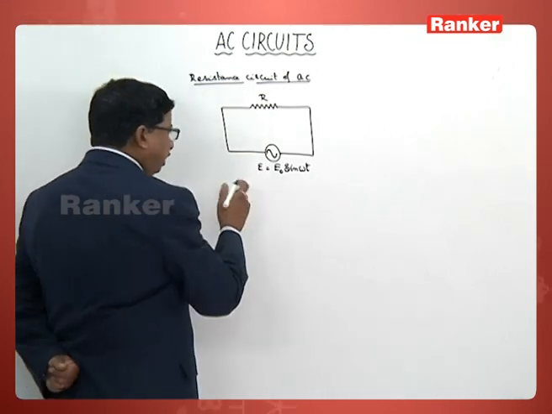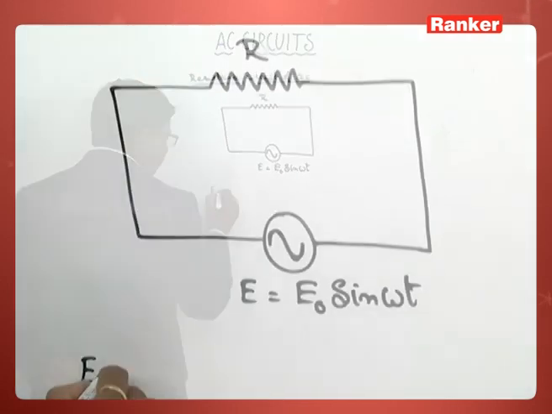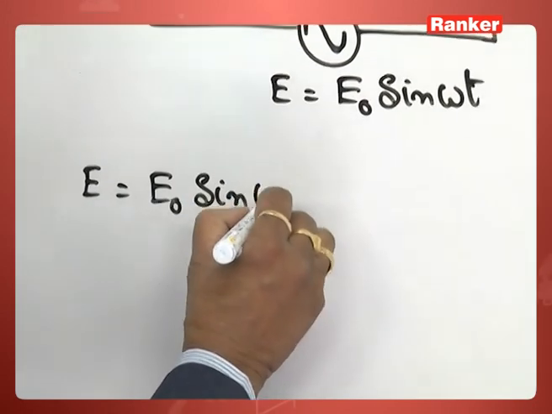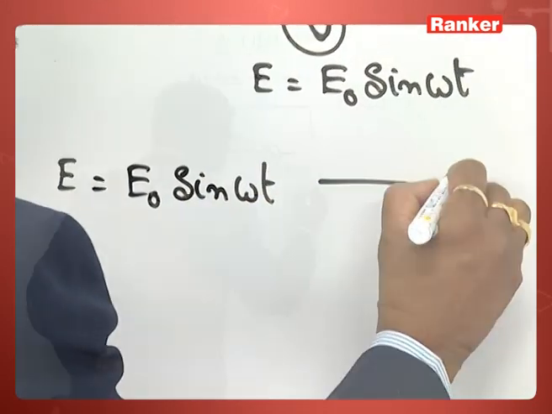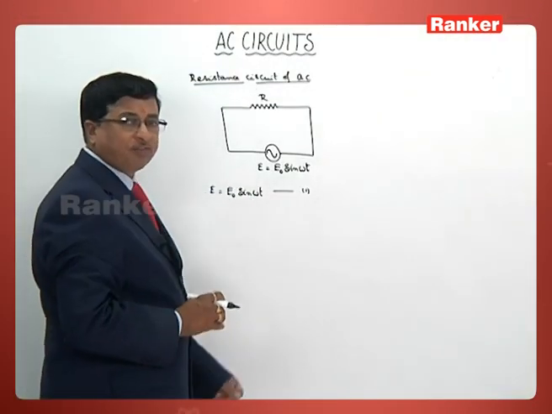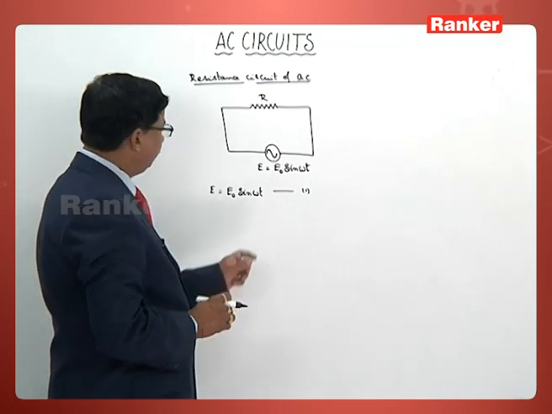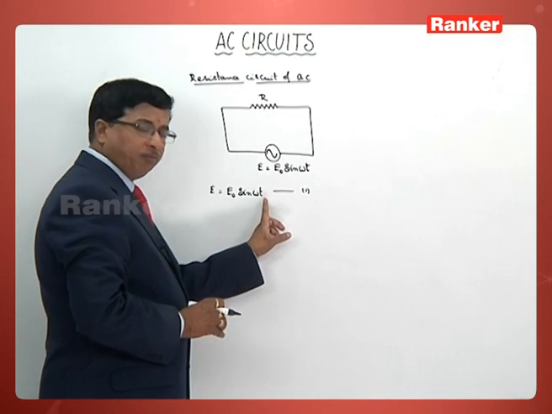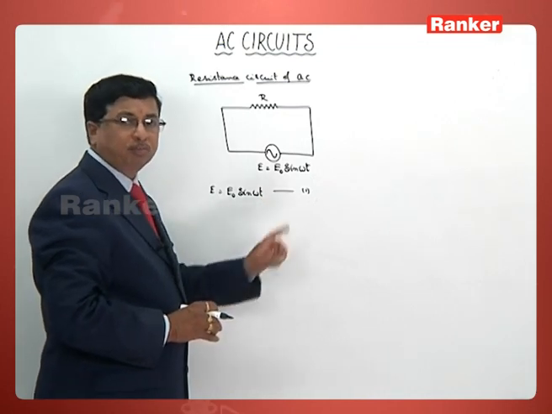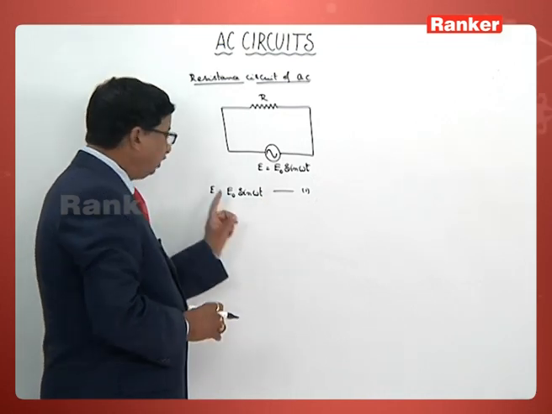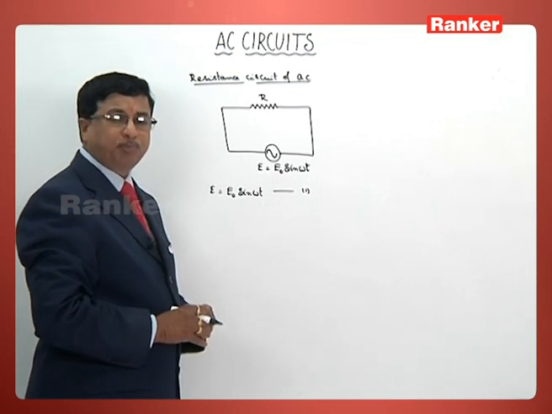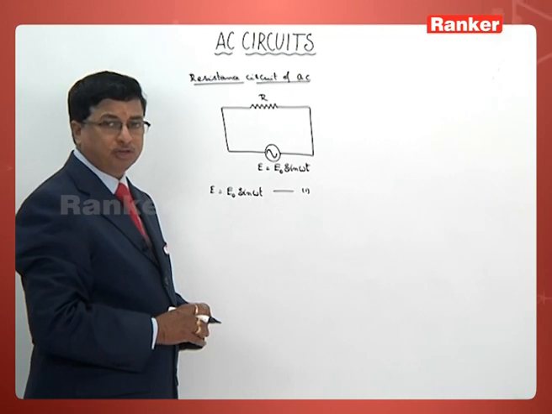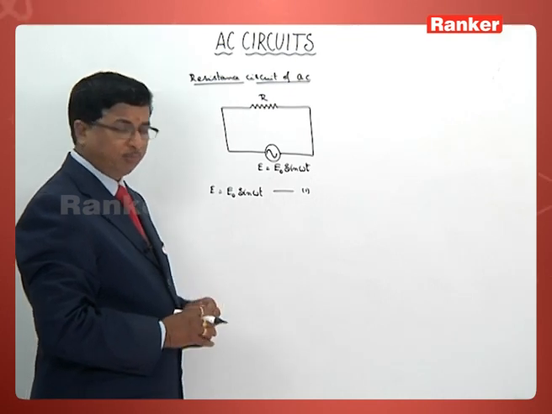Now when I consider this equation, E is equal to E naught sin omega t, this gives the instantaneous EMF across the circuit when the time is taken as t. Out of that, E naught gives us the peak value of EMF. Sine represents the function. It's fine.